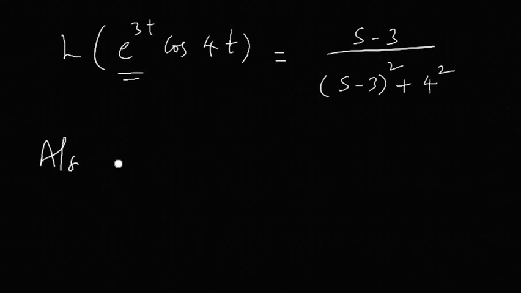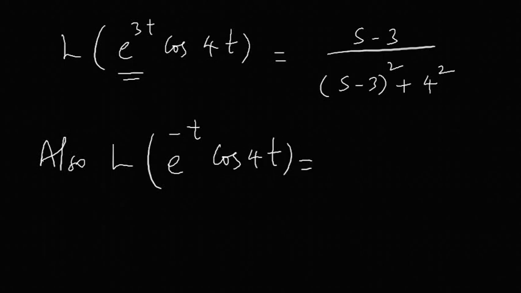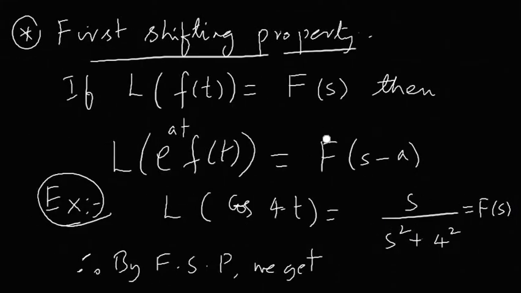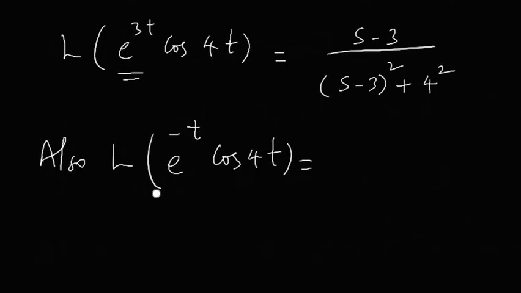Also, if I want L of e to the power of minus t into cos 4t, because cos 4t is written here, that is why I am taking that same example. So in the place of s, I have to substitute s minus minus 1. So that becomes s plus 1.